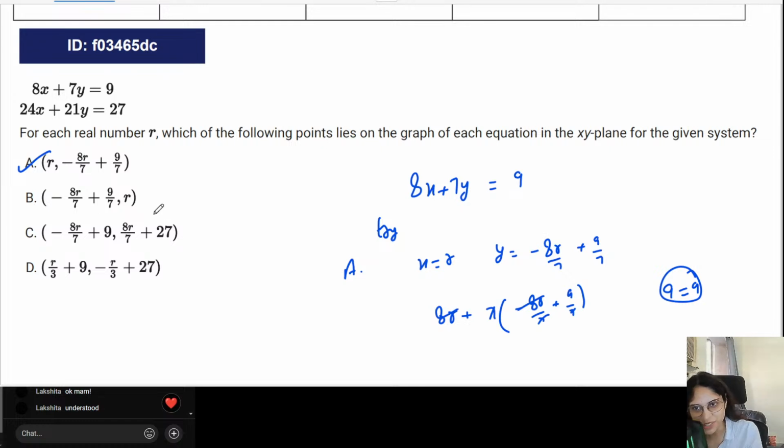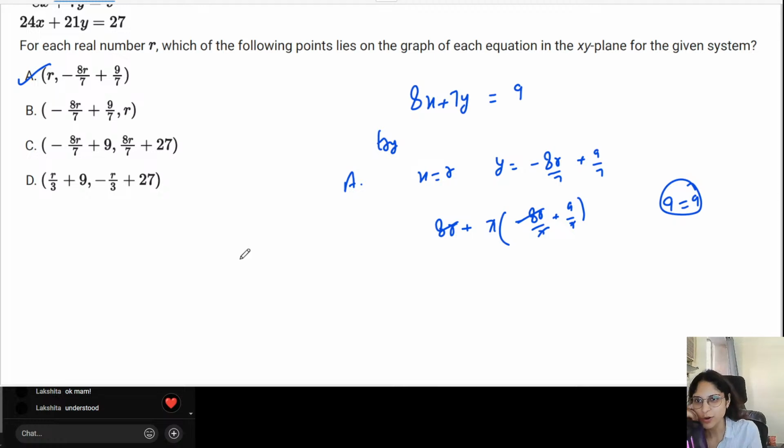No need to check other options because the first one worked. And if you will check, the other ones are not going to work. And do not check C and D unless necessary because nothing is r over here. So in B, x is negative 8r over 7 plus 9 over 7, y is r.